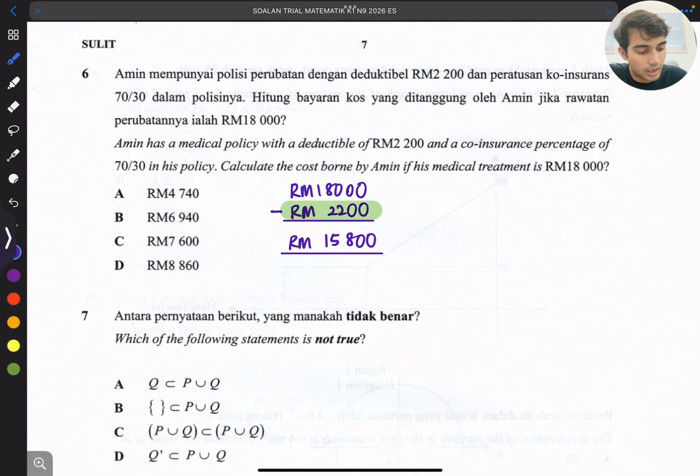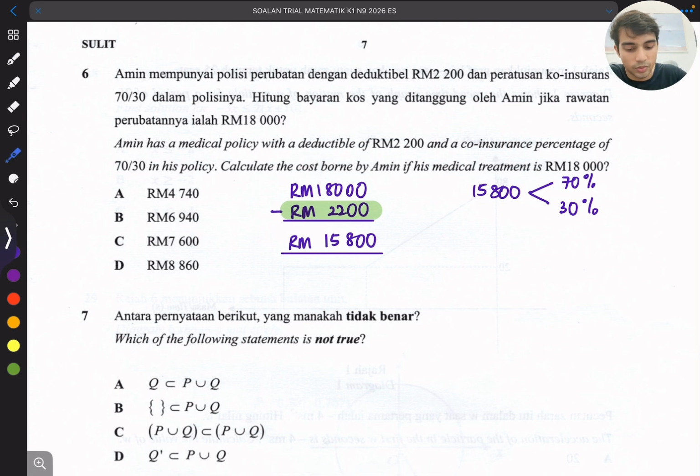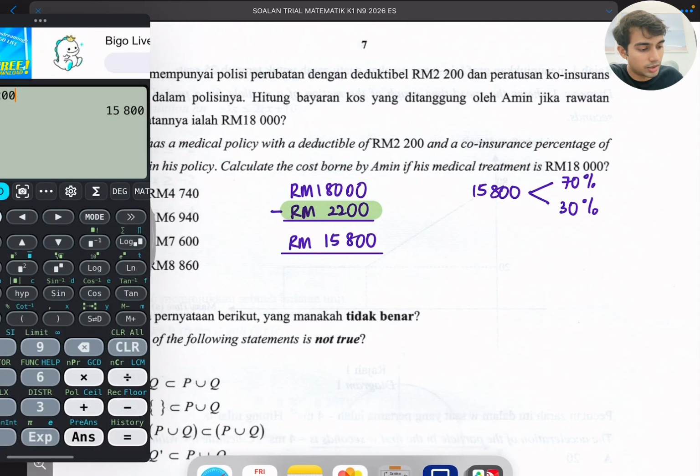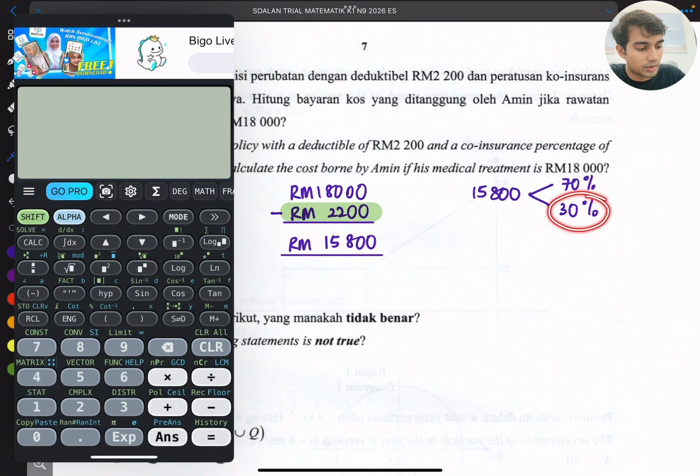Okay, now from this 15,800, the co-insurance is 70-30. So 70% will be borne by the insurance company, 30% he needs to pay. We want to find the cost borne by Amin, right? So that means we find the 30%, because this is how much he is paying. 30% times 15,800.